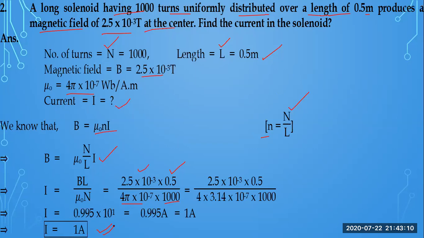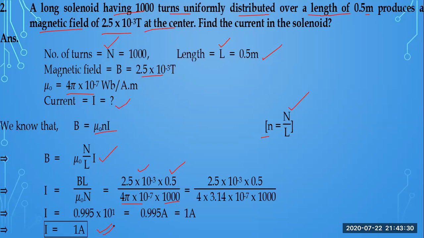Find the current in the solenoid. If you know the length of the solenoid, the number of turns, and the magnetic field strength, then it becomes easier to calculate the amount of current passing.